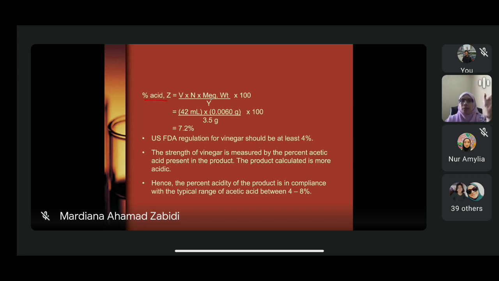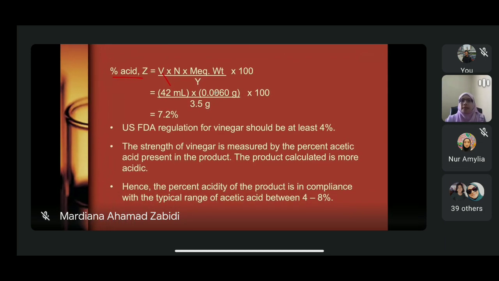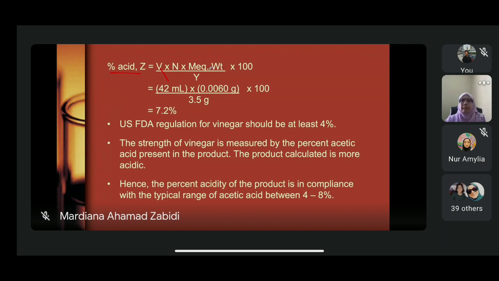Okay, divide by Y times by 100. Okay, kalau kamu tengok dalam kamu punya slide, the working calculation is simply 42 milliliter, 42 is the volume, okay, times by 0.006 gram, milli equivalent factor.